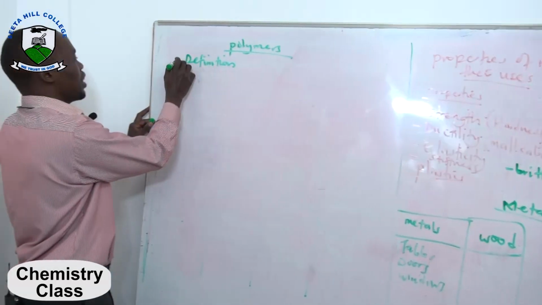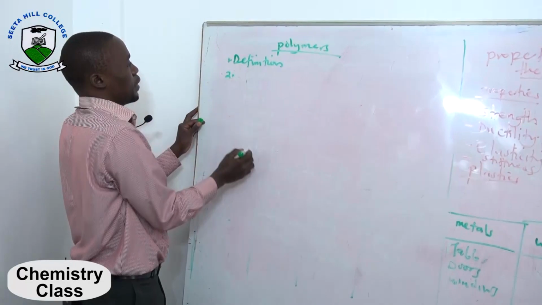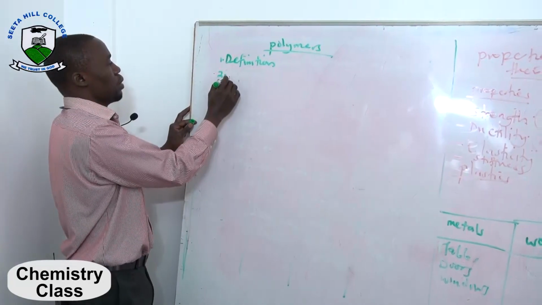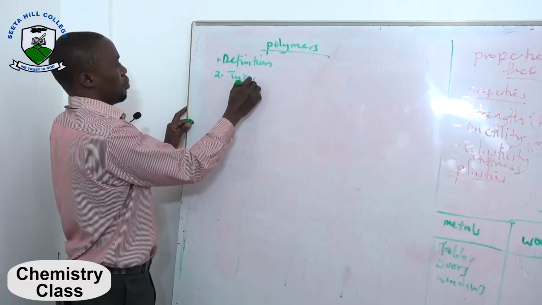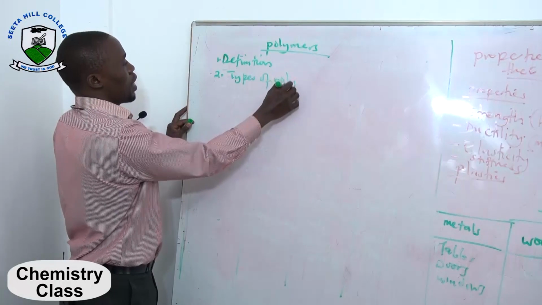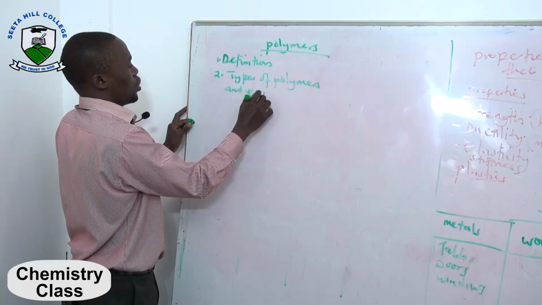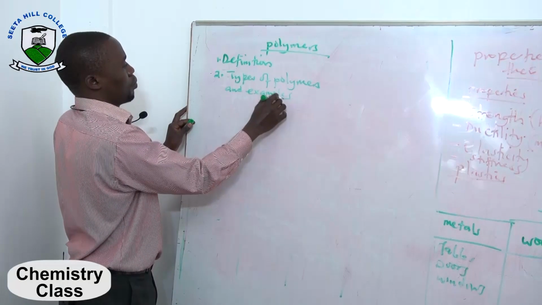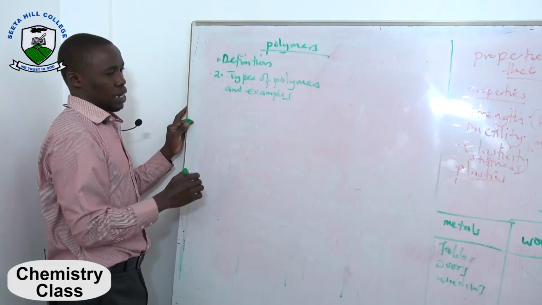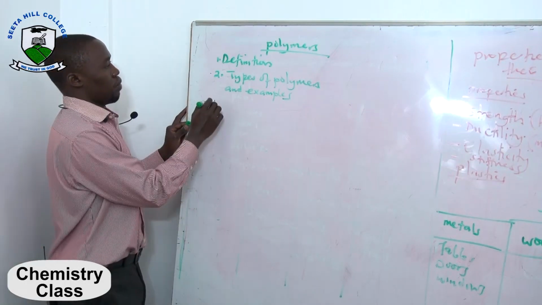Then we shall look at types of polymers and examples. Then uses of those polymers.